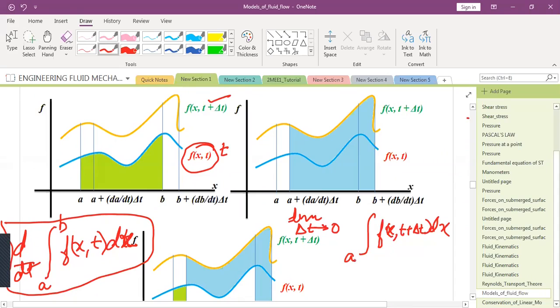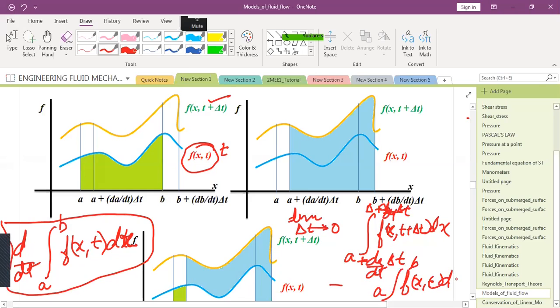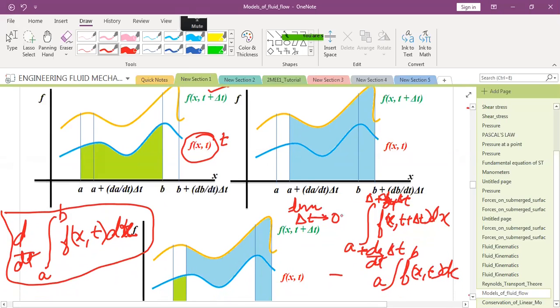Now, what are the limits at t plus delta t? The limits themselves have changed. So it is a plus dA by dt into delta t to b plus dB by dt into delta t. So this minus what? The integral of f(x,t) from a to b dx, and everything upon delta t, in the limit delta t tends to 0.